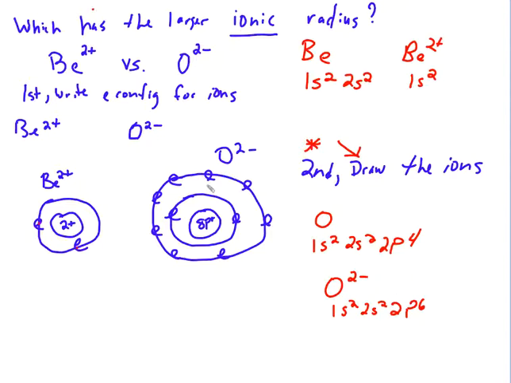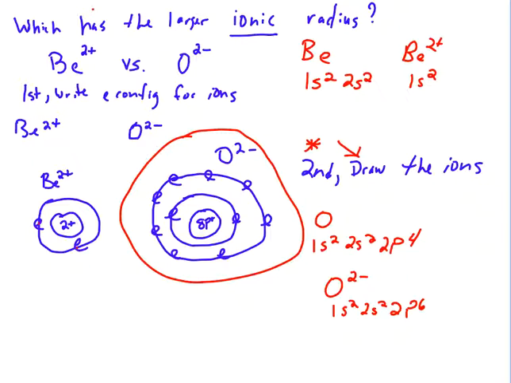So oxygen didn't lose an energy level filled with electrons. It actually just added a couple more. Beryllium 2 plus, the ion, has one energy level with 2 electrons, while oxygen 2 minus has 2 energy levels with way more electrons. Therefore, oxygen 2 minus is way larger than beryllium 2 plus.